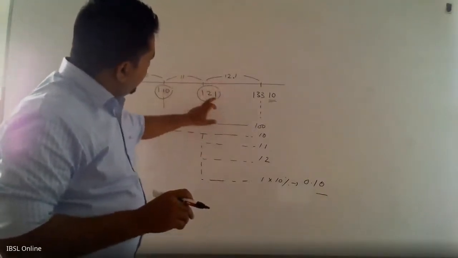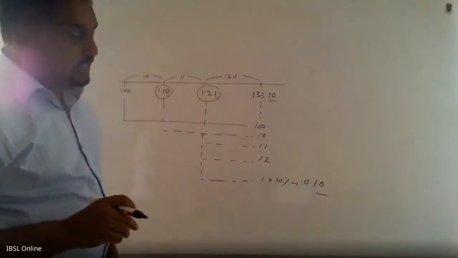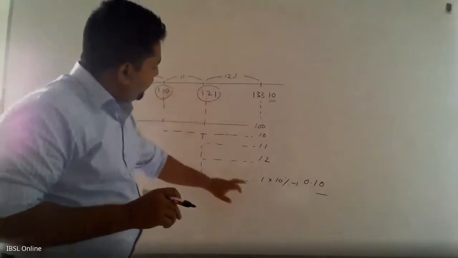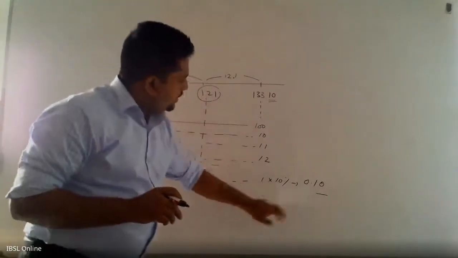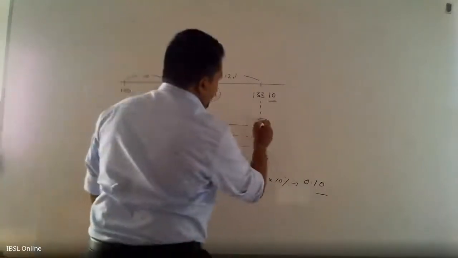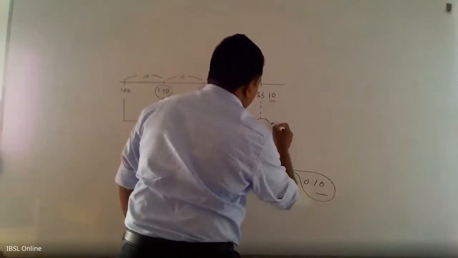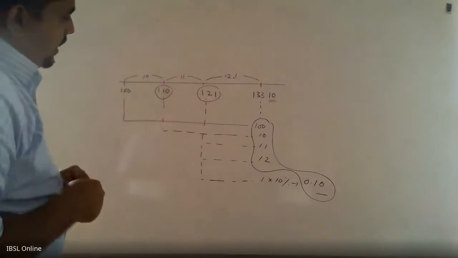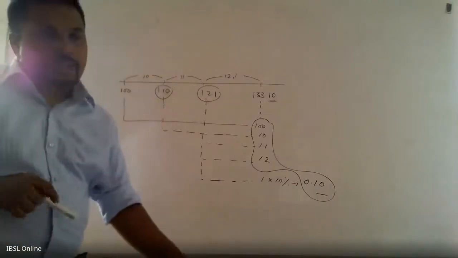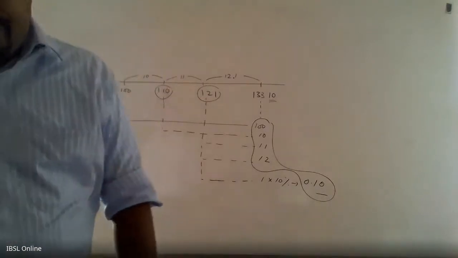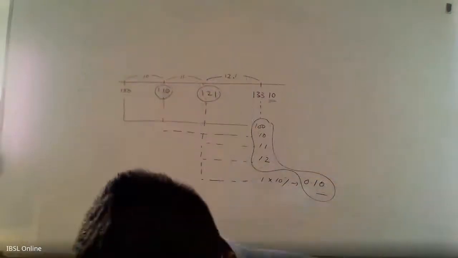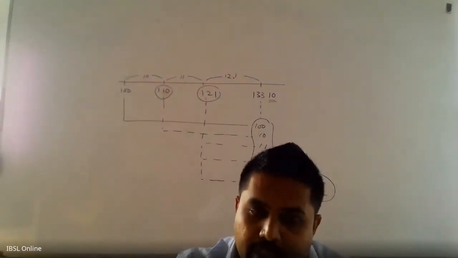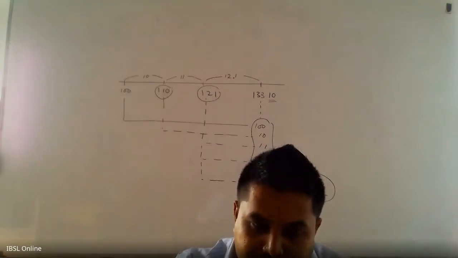This 12 rupee plus this 1 rupee that you got additionally from 110 to 121, that also at 10%, 0.10. So the summation of all this is the 133.10 that you see here. So every cash flow that you receive in between is going to give you more interest. That's the argument we want to highlight.